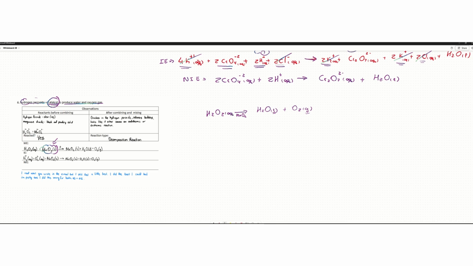And then the decomposition reaction that you can see over here is a reaction where one compound will separate, producing two other compounds or elements. If you have two reactants that form one, that will be synthesis, right? And that can happen, for example, with magnesium and oxygen.